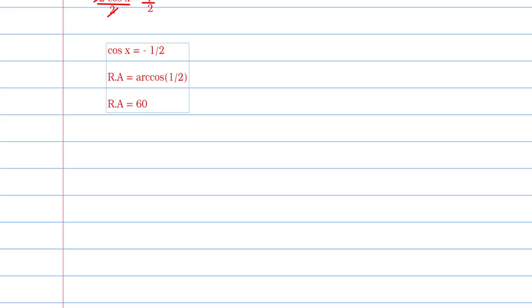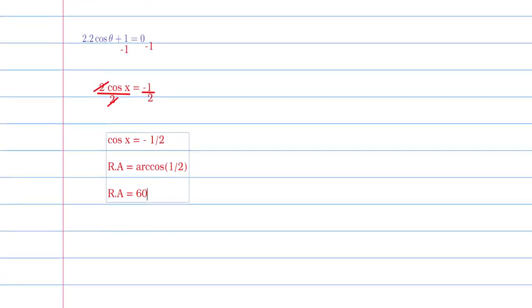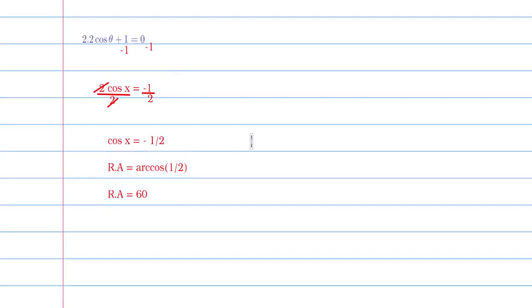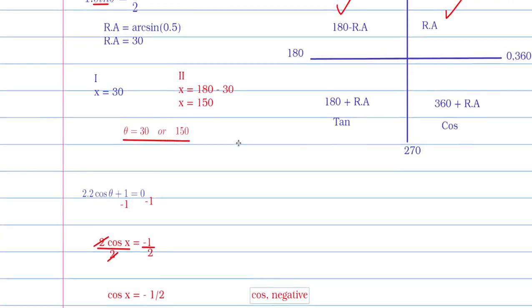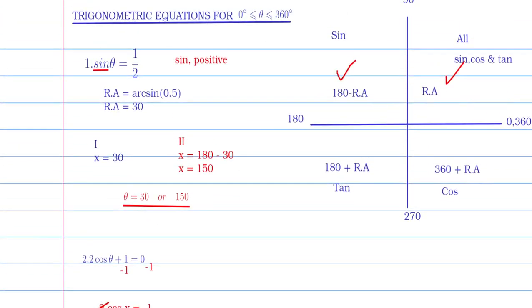So now let's go and check again. We are looking at what our ratio is. The ratio is cos, and what's the sign of the value? The sign here is negative. Now let's check in which quadrants cosine is negative.